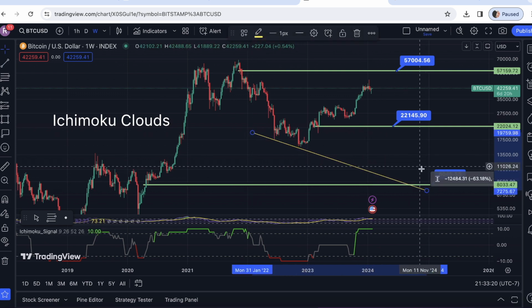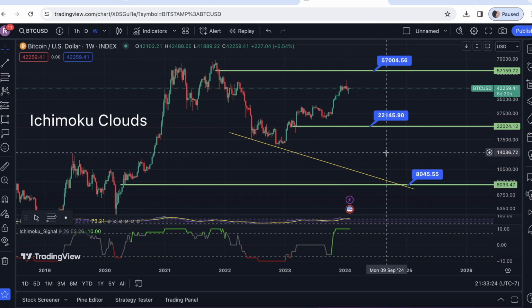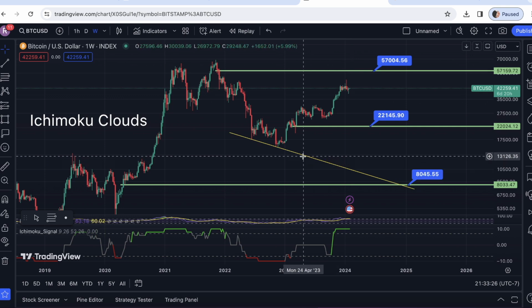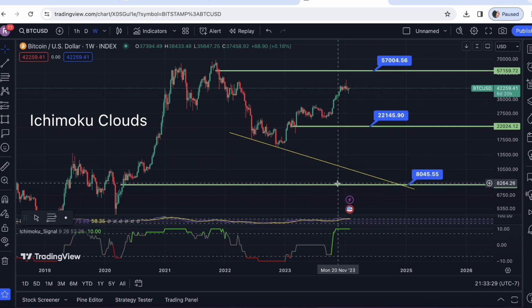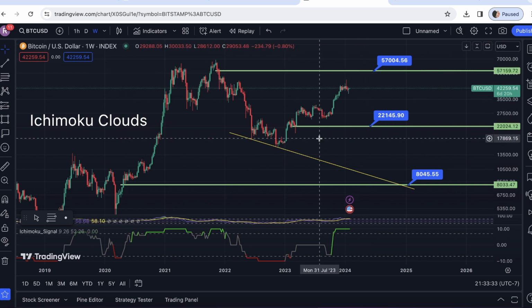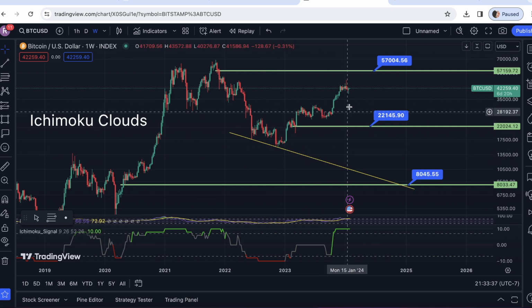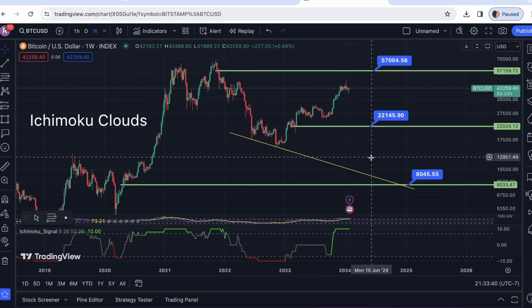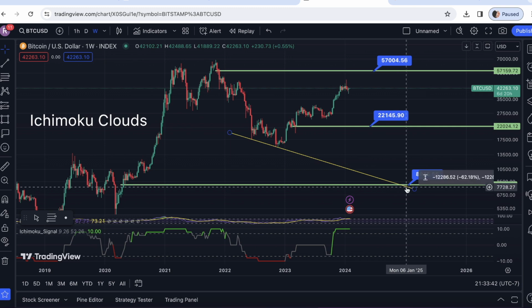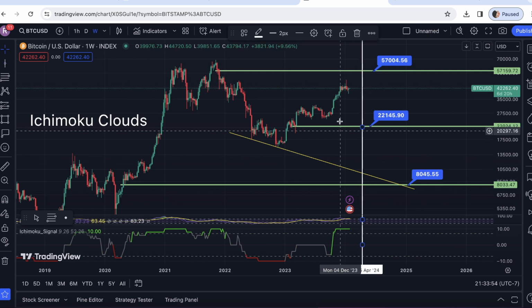Now I'm going to make a line for you guys to see how Bitcoin could actually have a flash crash and touch this $8,000 area. As I'm saying, a lot of you guys are still going to ignore this and start laughing, but it is very possible to happen, guys. All right, so you see that connecting these two lines, if Bitcoin starts going low, it could find the bottom around here, and our Bitcoin halving is around this area.